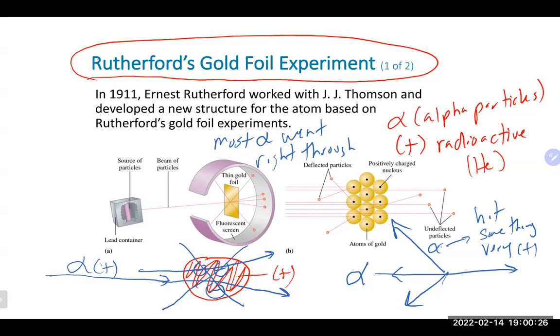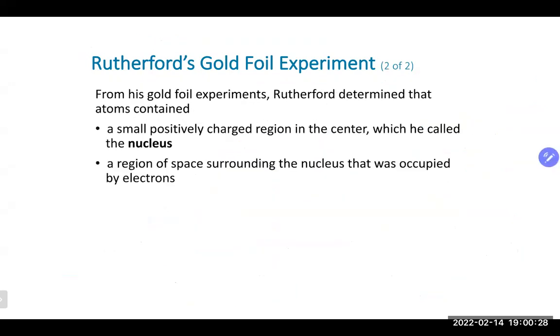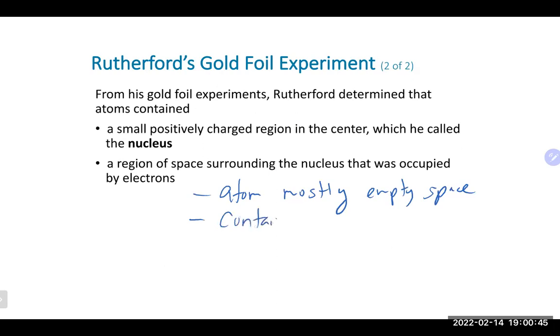And based on the result, the atom is mostly empty space, which is why most of the particles sailed right through, no problem. But it also contains a dense positive core, which is, as we see here, known as the nucleus.